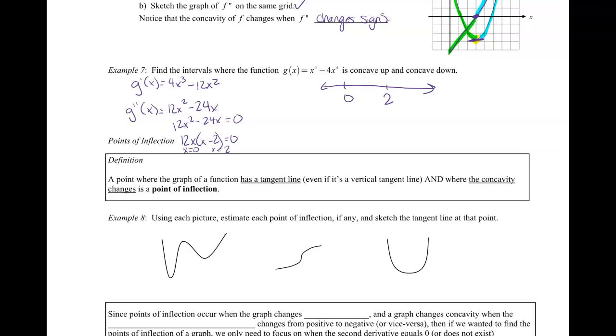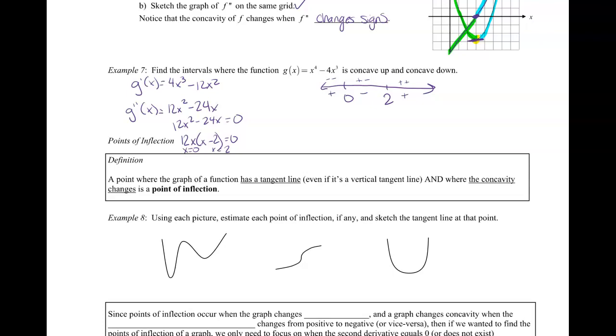Alright, and from here we can plug in numbers and we can figure out, okay, if I plug in -1, I should get a negative times a negative, which overall is positive. If I plug in 1, for example, I should get a positive times a negative, which will give me a negative. And then if I plug in 3, for example, I'm going to get a positive times positive, which overall is positive.